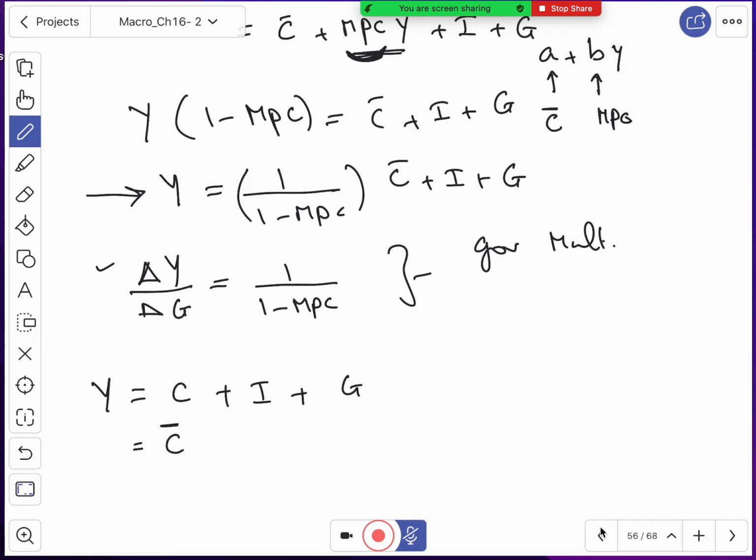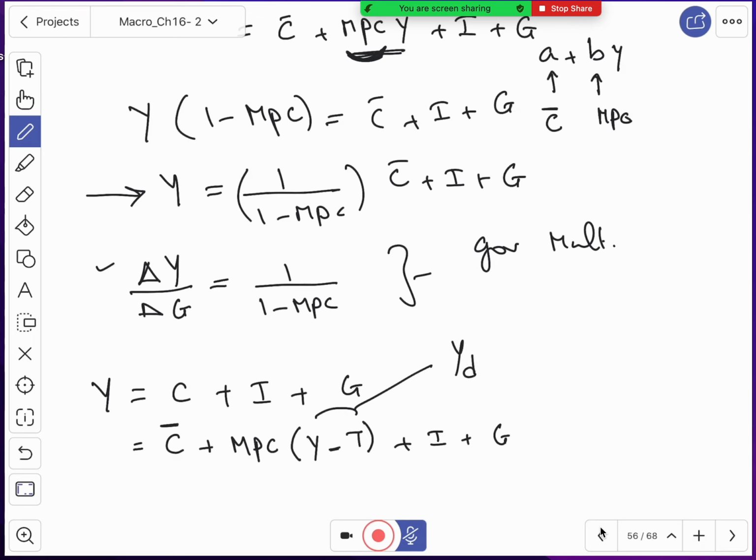So I have a C bar, plus a marginal propensity to consume that is not just multiplied times Y, but is multiplied times Y after I take out a lump sum tax, a certain amount of tax. It's not a rate, it's an amount of tax in dollars, plus I plus G. This is what we call YD, disposable income, right?